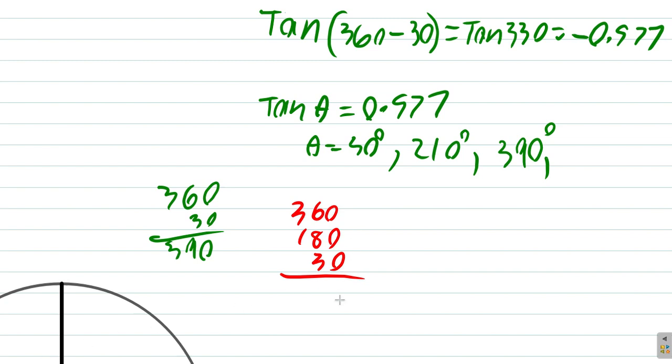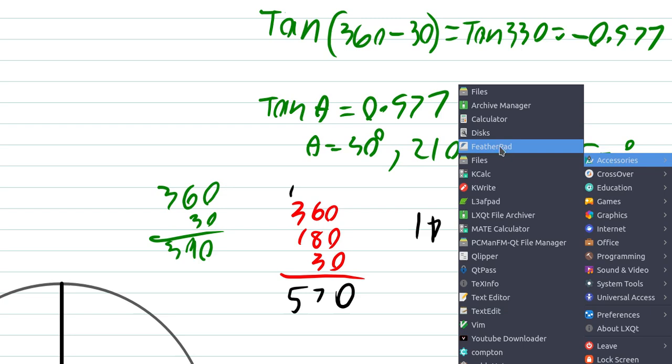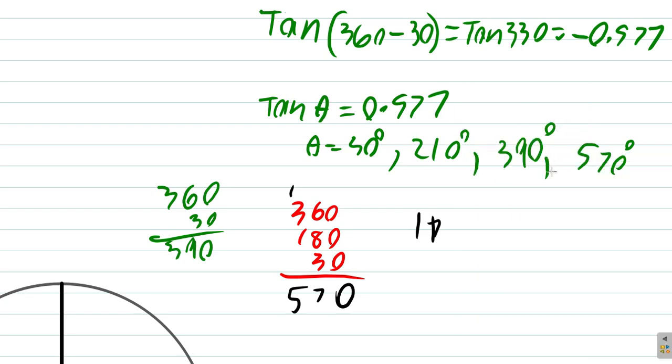What would you get? 570. So I expect 570 to be another angle. When you find the tangent of it, it gives you positive 0.577. Let us try it out.